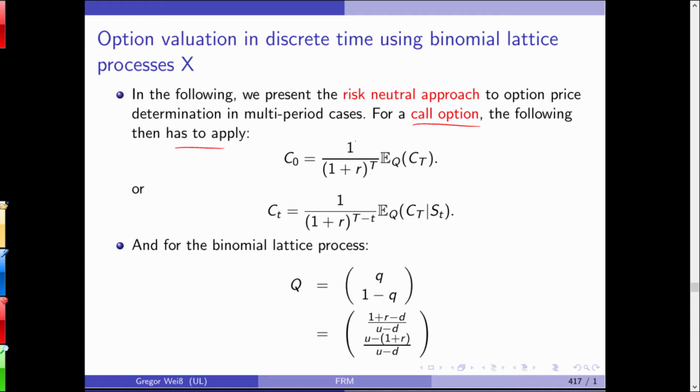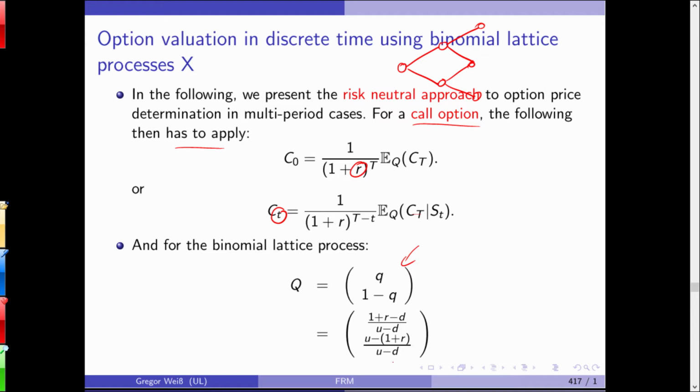And we know that we have to discount by the use of the risk-free rate. At any previous point in time t, it's the same, just we need the conditional mean here. For the binomial lattice process, that is this process that can only go up and down and up and down again, those probabilities look like this. We had these risk-neutral probabilities.